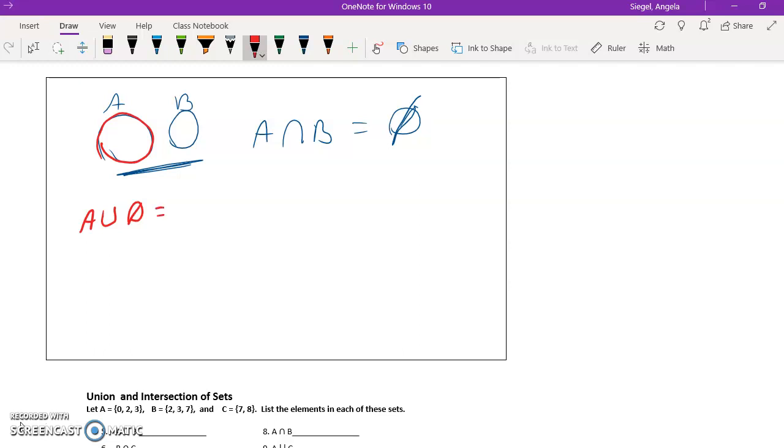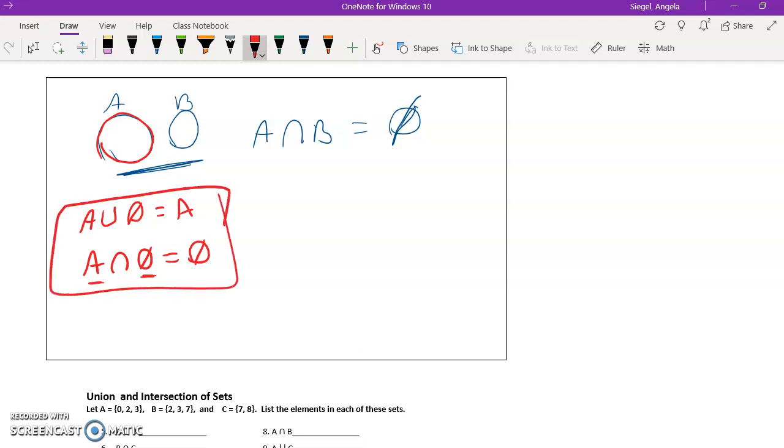So that is going to equal set A. But if we have the intersection, that's what they have in common. Well, since A and the empty set have nothing in common, that is going to be equal to the empty set. So it kind of hurts your head if you think about it, but just keep those two concepts in your brain, and that'll help you out sometimes.